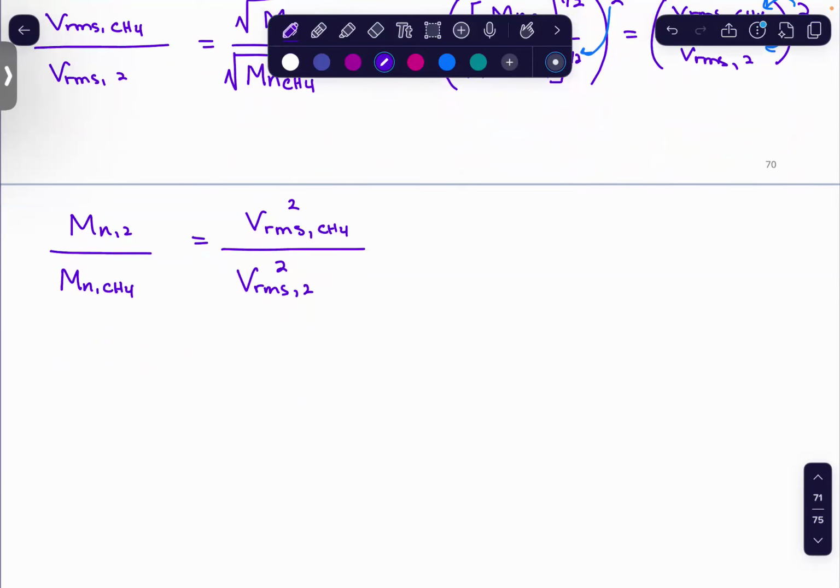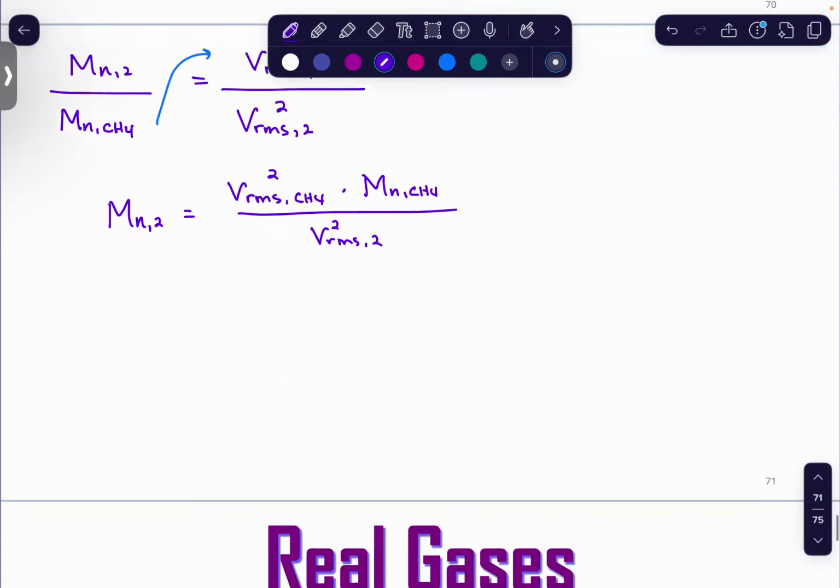So then I solve molar mass 2 by multiplying through my denominator. That is going to give me VRMS methane squared times the molar mass of methane, which I put in my known values, over VRMS squared for gas 2. And I have all these numbers. So when I plug these in, that's going to give me 47.8 squared.